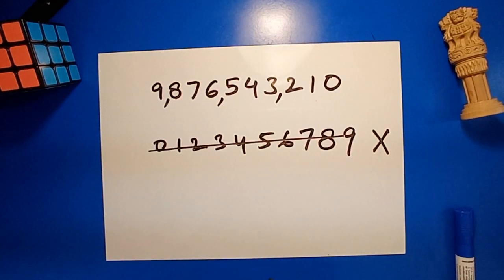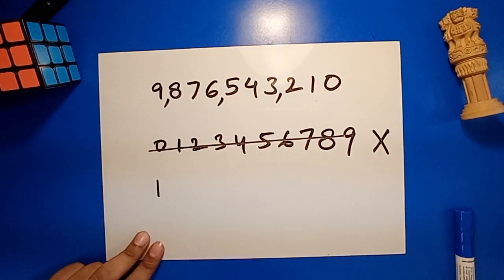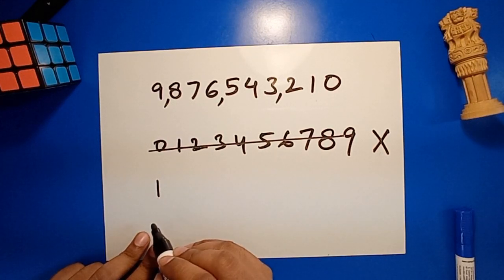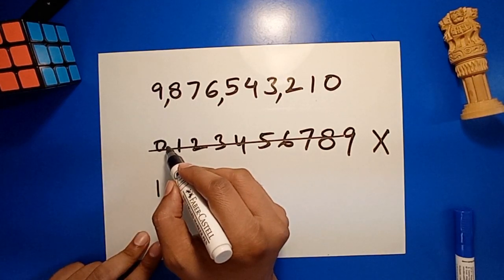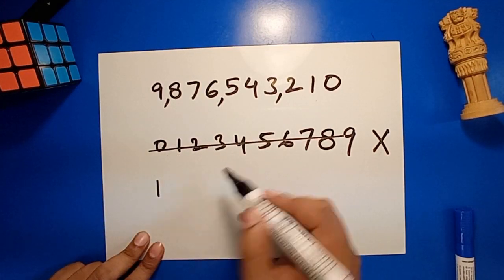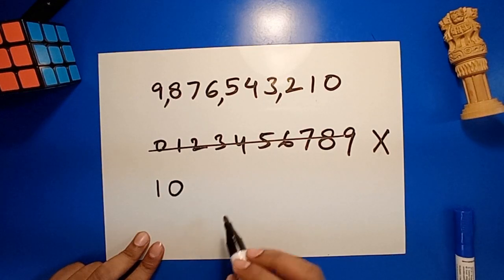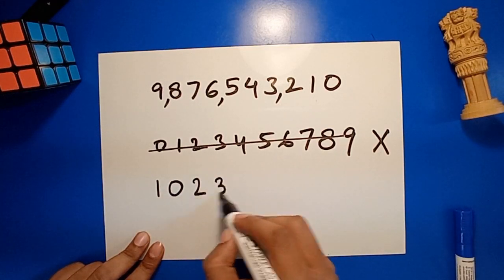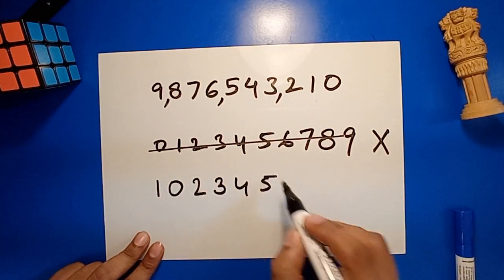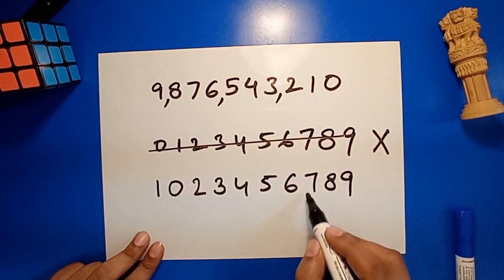The answer would be, for the smallest number we have to put 1 in the maximum place value. So it will start with 1, but because I have not used 0 and zero's place value is even smaller than 1, then I will use 0 and then I will use the rest of the numbers 2, 3, 4, 5, 6, 7, 8, 9.